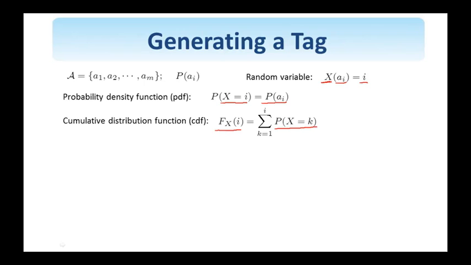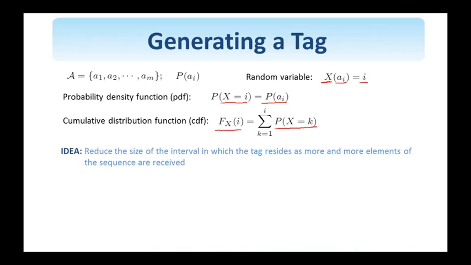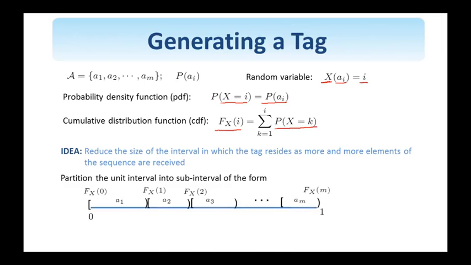With this assignment, the main idea behind the tag generation is to reduce the size of the interval in which the tag resides as more and more elements of the sequence are received. So we partition the unit interval into sub-intervals of this form.